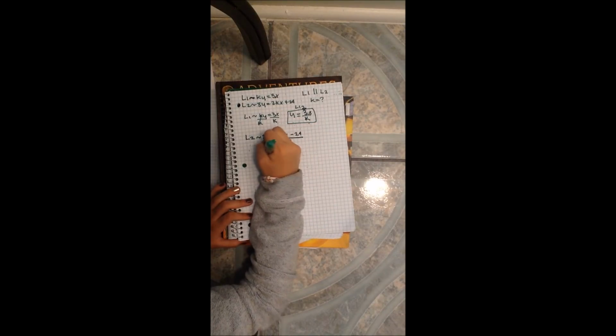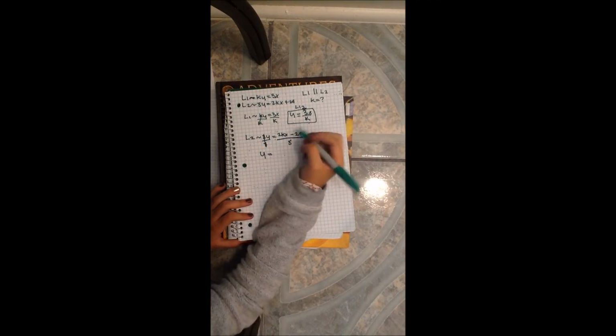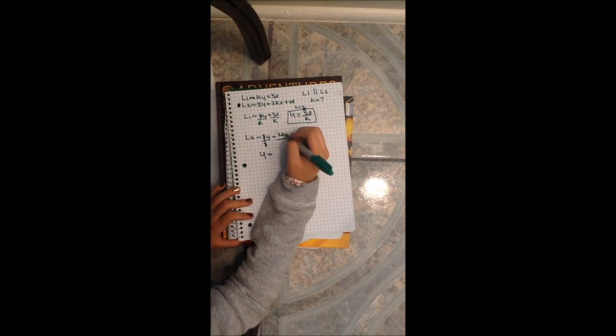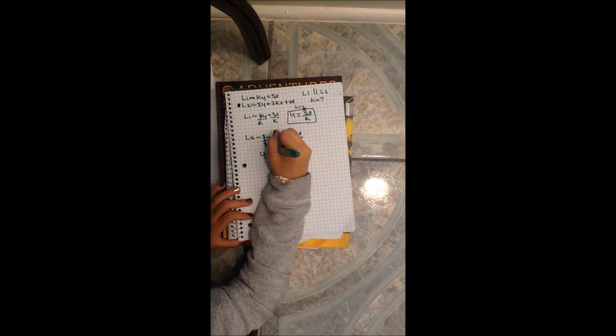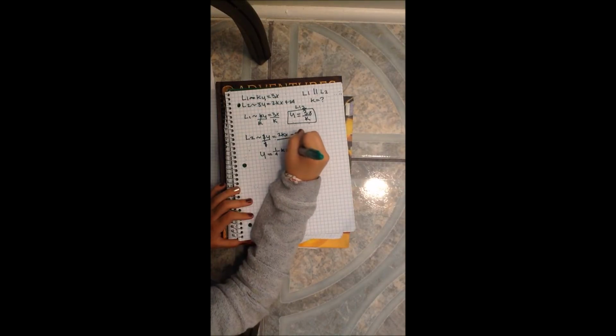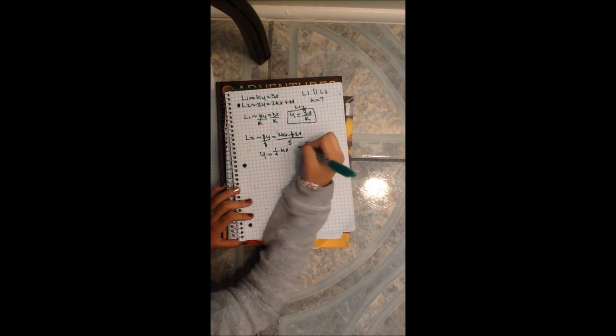So you get y equals, and then 2 over 8 is equal to 1/4. So it would be 1/4 kx, and then it's plus, not minus, plus.